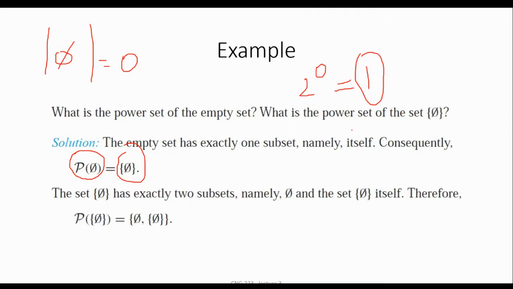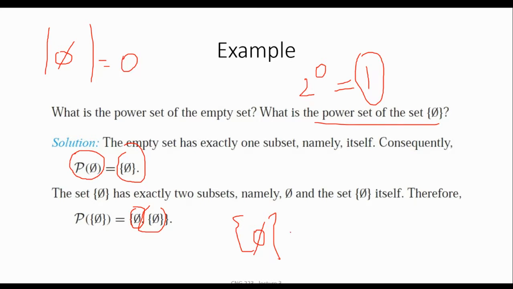What about the power set of the singleton set, which contains empty set? In that case, first of all, I know that empty set is the subset of all sets. It should be always there. And the set itself should be there, because these two are different, as we mentioned. Okay, and again, for the same formula, what's the size of this set?